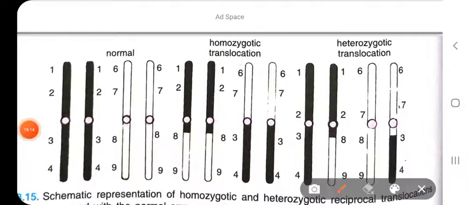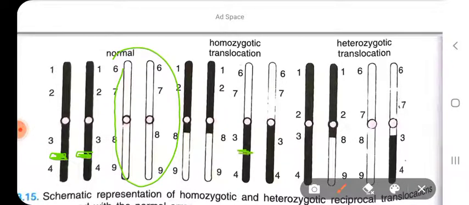Like I have said, between these 3 and 4, suppose some important gene was present in both the homologous chromosomes, but after homozygous reciprocal translocation, it has been shifted to this chromosome, okay? So the gene has been shifted to a new position, and the expression of the gene can be observed.